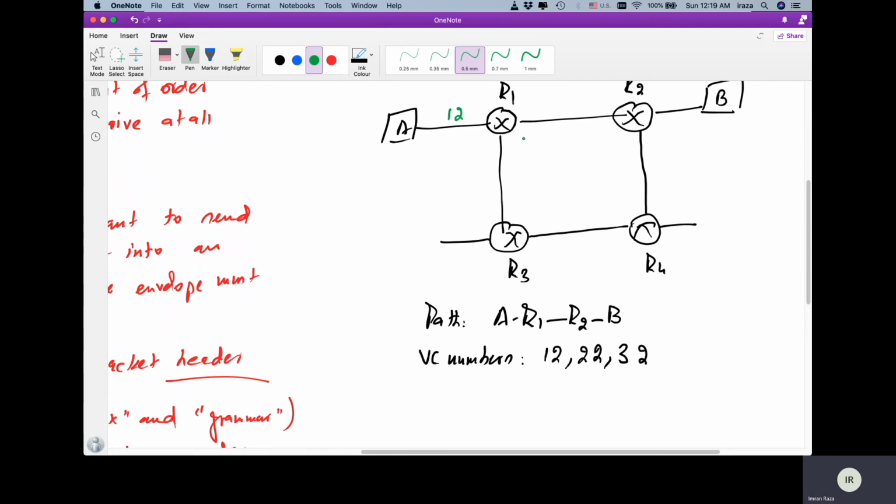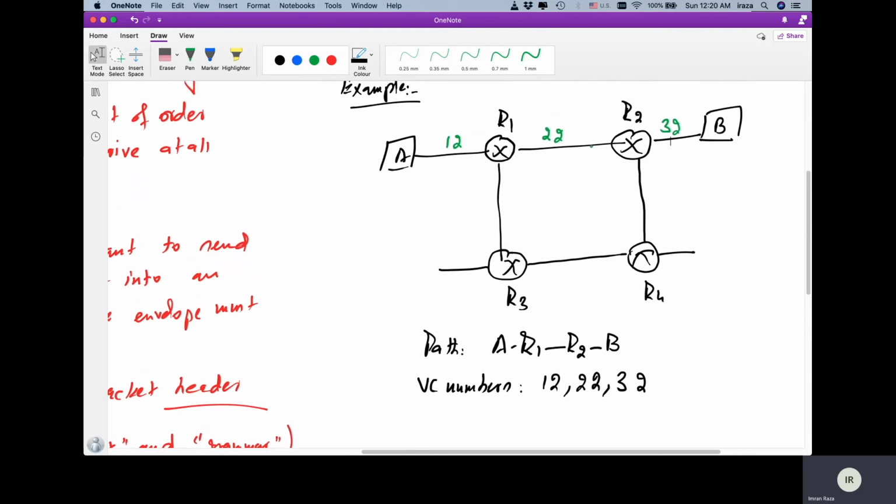When the packet leaves R1, the value of the virtual circuit number is 2, 2. And when the packet leaves R2 for B, the value of the virtual circuit is 3, 2. So what happens basically in a virtual circuit is that every router needs to maintain connection state information.